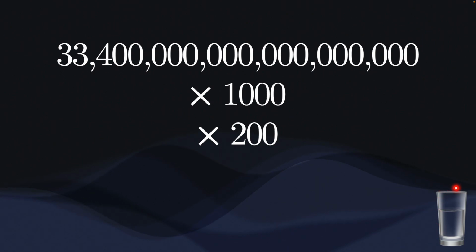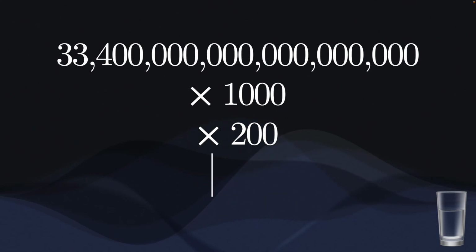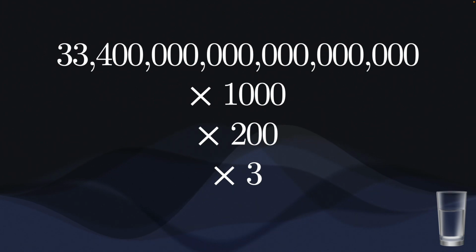And finally, we're trying to find the number of atoms, not molecules. Because it's a glass of water, we can say that each molecule of water has 3 atoms, because if you take chemistry, you'll know that water is made up of 2 hydrogen atoms and 1 oxygen. So we times this number again by 3 to find the number of atoms.